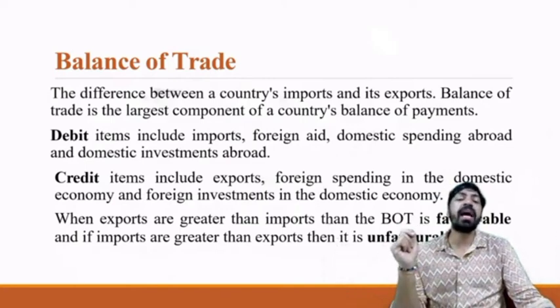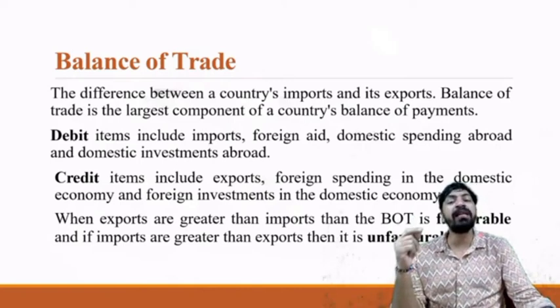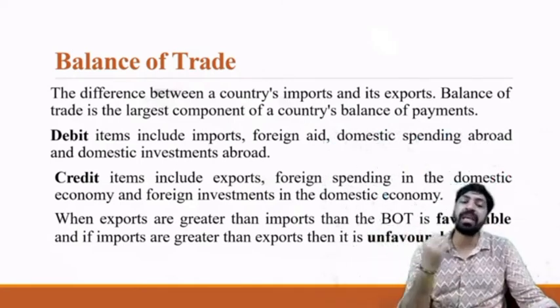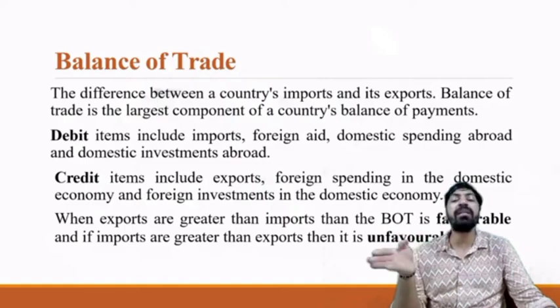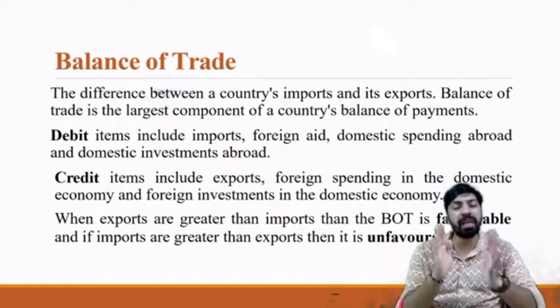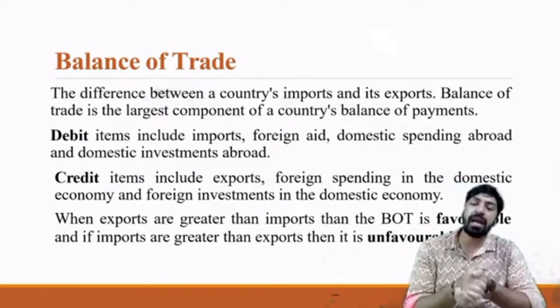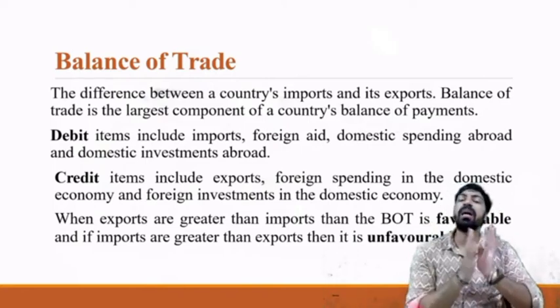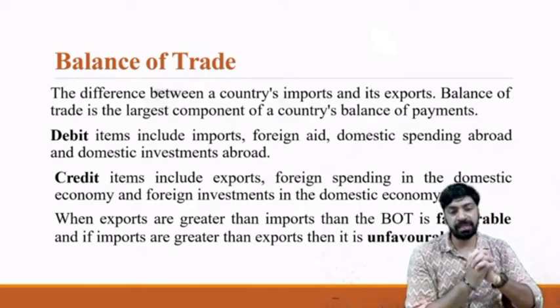On the credit side, the items include exports, any foreign spending in the domestic country, and any foreign investment in the domestic economy. Whatever spending and investments go on in the domestic country, and the exports as well, all come on the credit side.